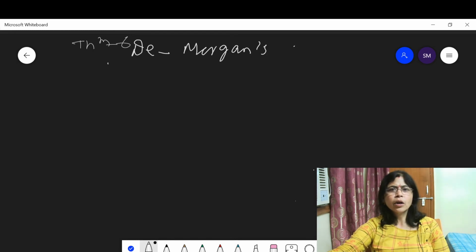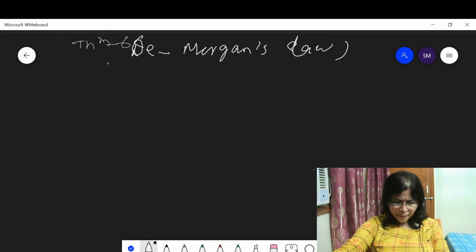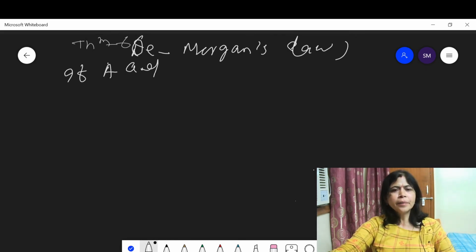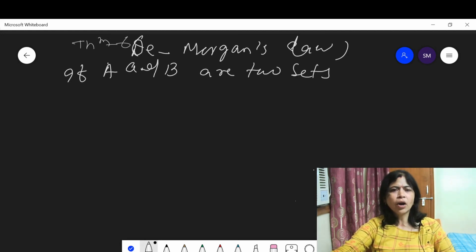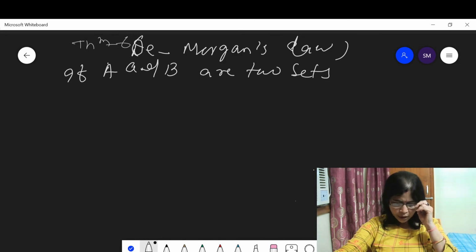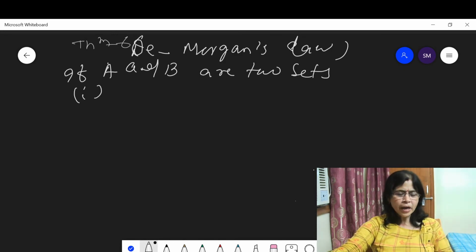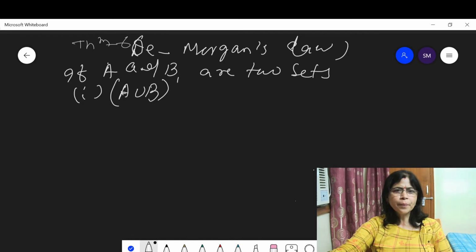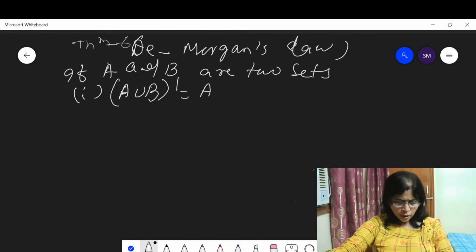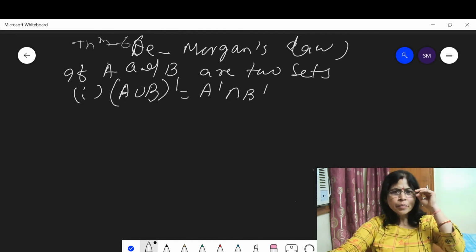De Morgan's law of set theory says that if A and B are two sets, then the first part of De Morgan's law says (A union B) dash is equal to A dash intersection B dash.